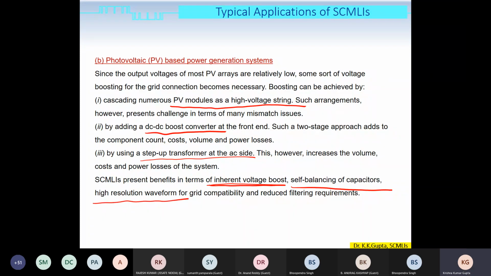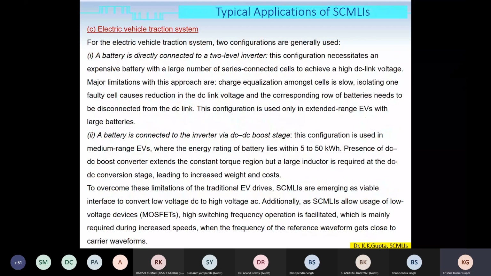If the voltage waveform resolution is high, then the filtering requirements will be greatly reduced, and in some cases they may even be eliminated, so you can directly connect it to the grid itself.